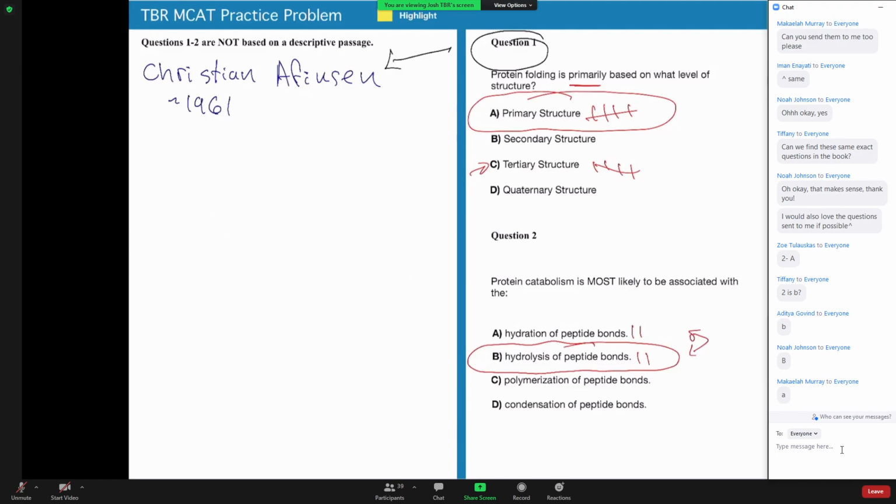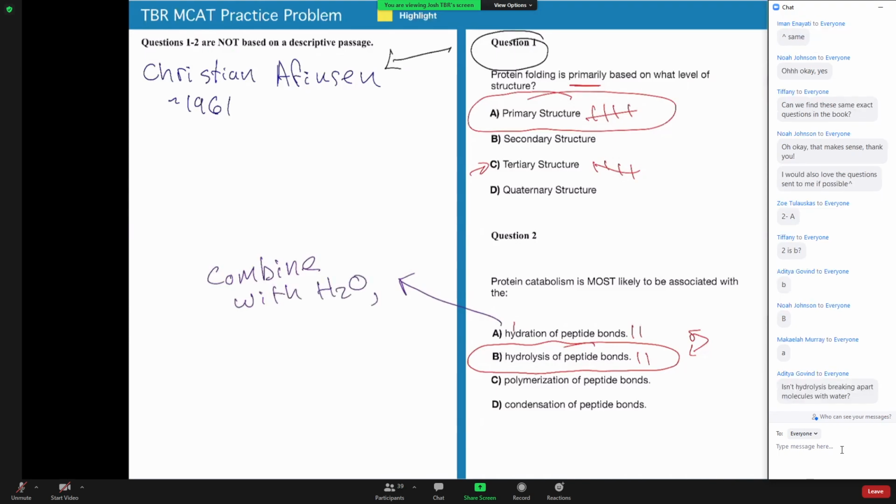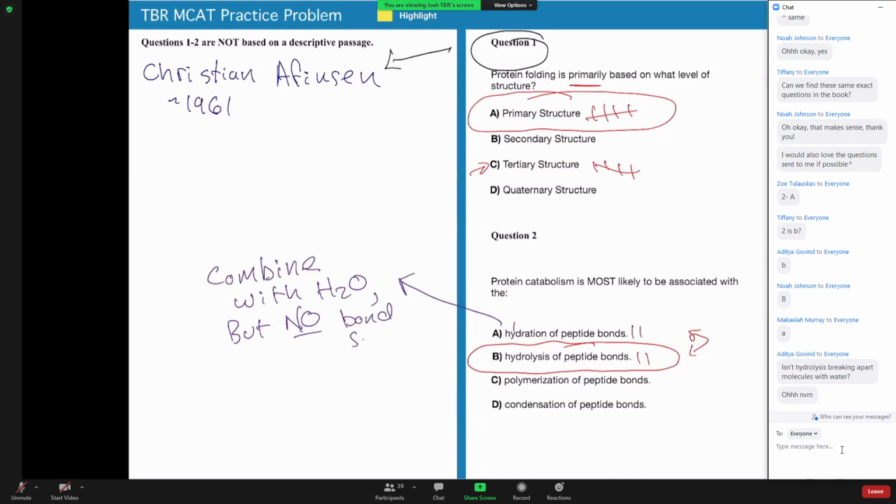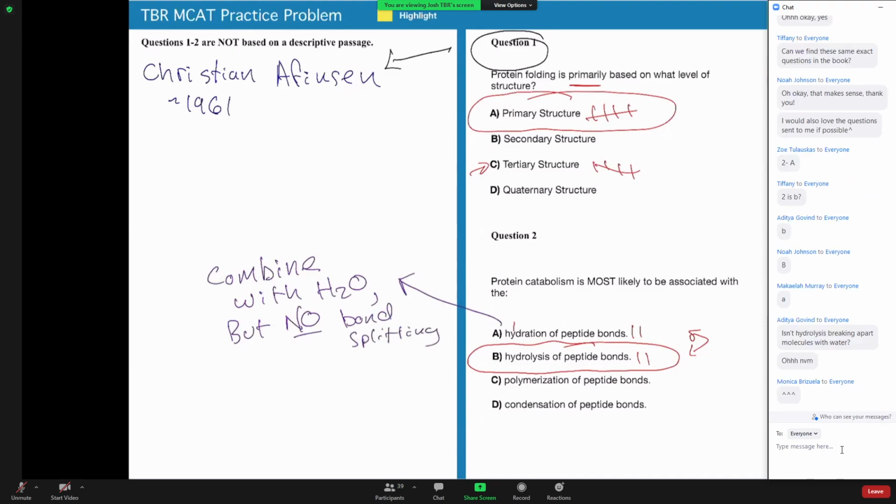What's the difference between hydration and hydrolysis? Hydration, right? This is when you combine something with water, but no bond splitting. And then hydrolysis, right? It's where water breaks the bond.